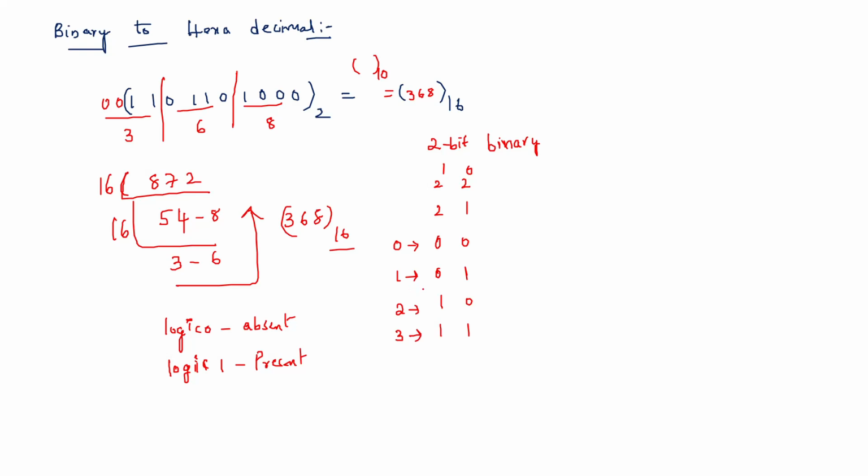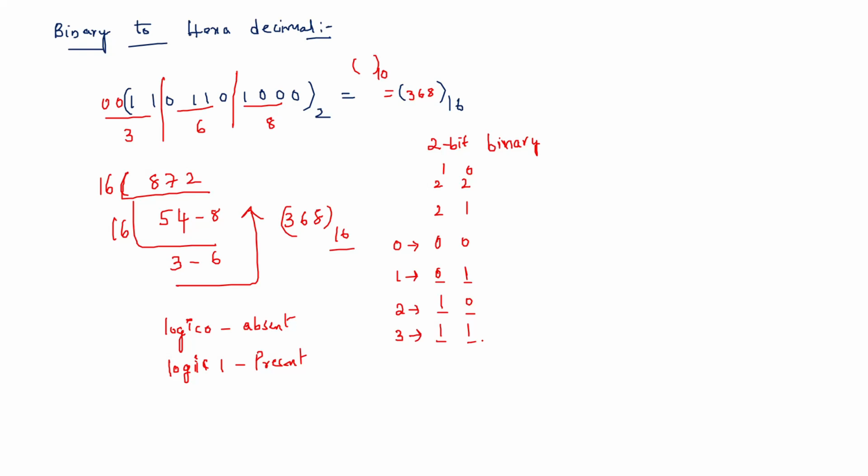So 01 means 2 is absent, 1 is present. Means at the 2 place we give the value 1, and at the 1 place no need, so 0 is placed, and 3 means both are 1, 1. So in this way we are connecting. Clear? That is how we represent the 2-bit binary number system.